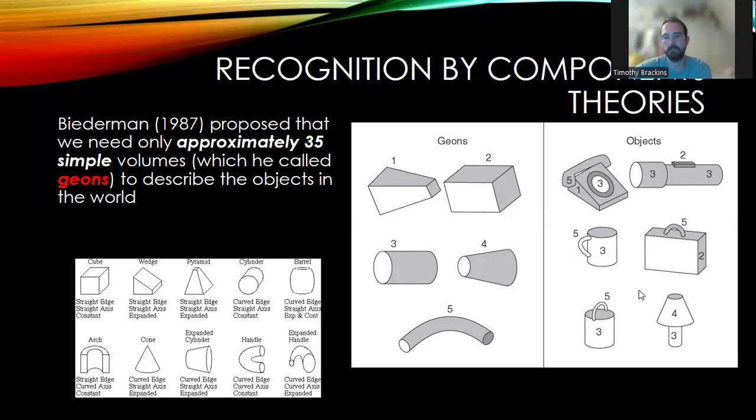What we're doing essentially is breaking down objects into these geons and using those to identify the object. And Biederman proposed that there are roughly 35 simple geons, simple volumes, and that by using these 35, we can identify every object in the world. So we can combine these geons to form every object in the world.